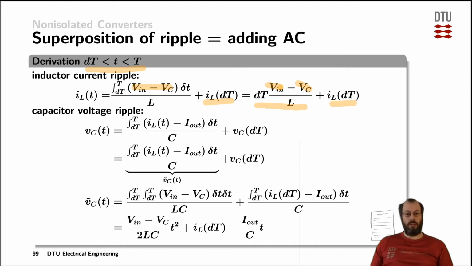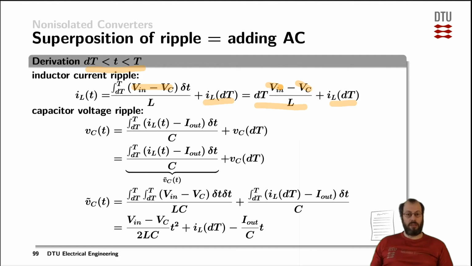Kirchhoff's current law for the capacitor current in the second state, the state when the diode is conducting and the switch is off. Remember, we are ending up with a second order low pass filter, having an inductor in series with the parallel connection of a capacitor and a resistor.